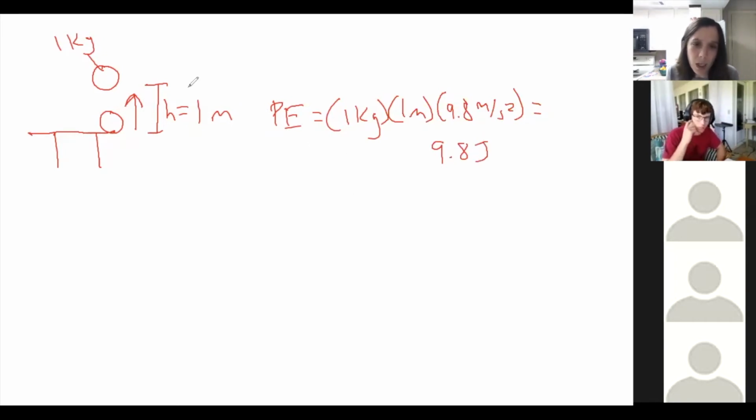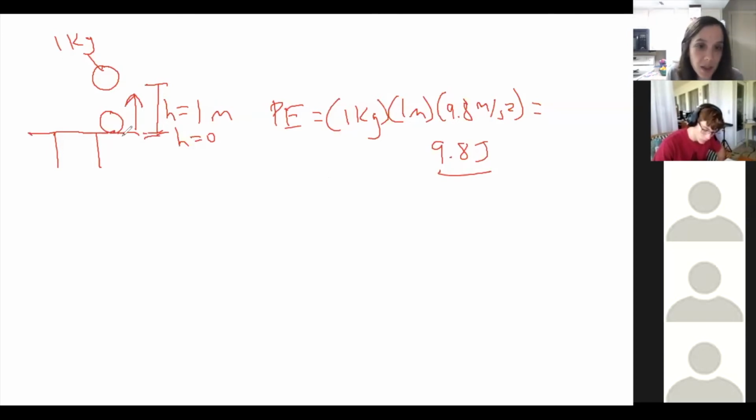So in this case, you gave the ball that energy, 9.8 joules of energy. In the other case, when the ball fell down, gravity gave energy to the ball. So if you move the ball from, say, here to here, your reference point, we are assuming that height 0 is right here. So we would call the tabletop our reference point.